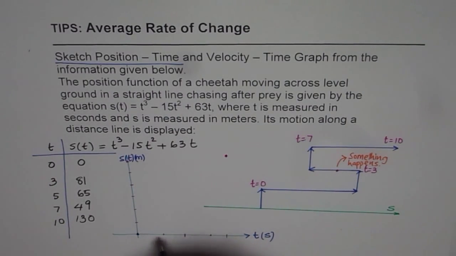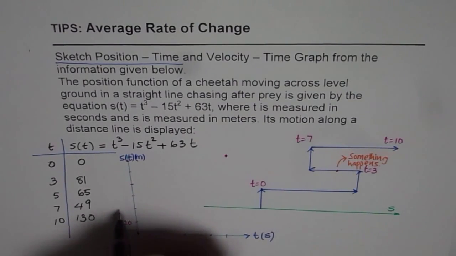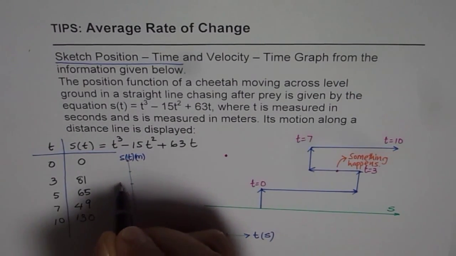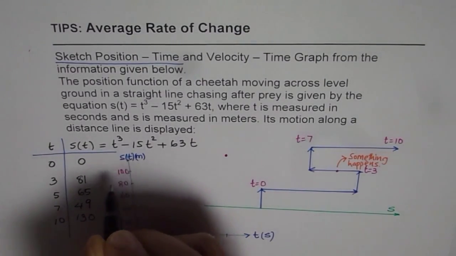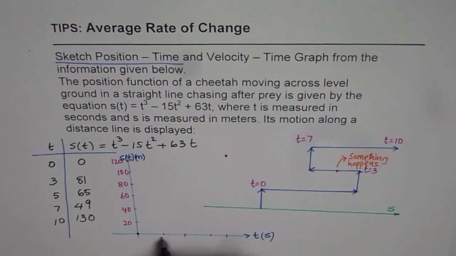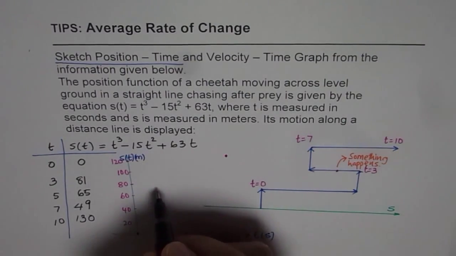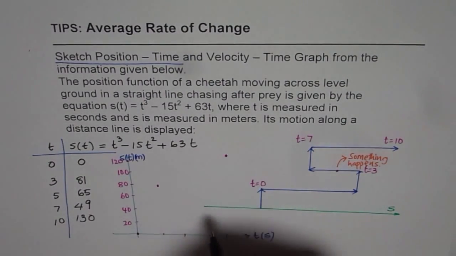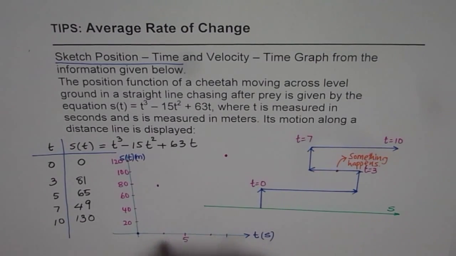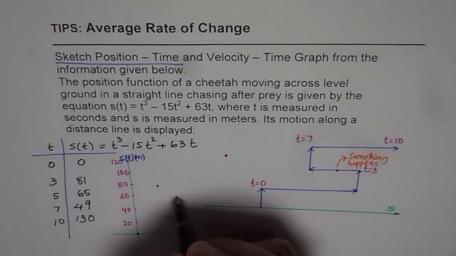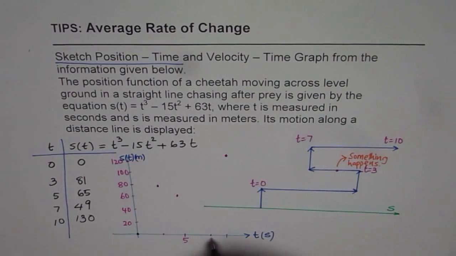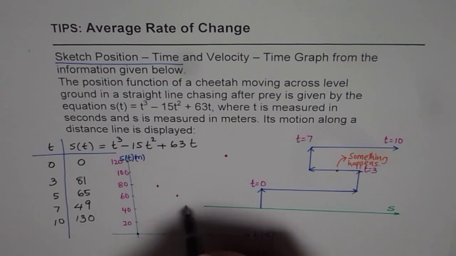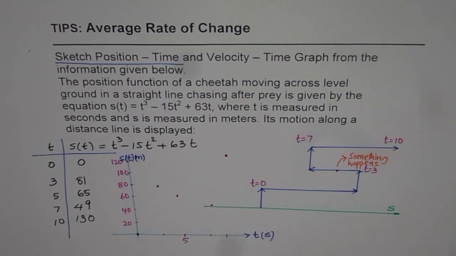At 3 it is 81, so approximately 80. At 5 it is 65, so 60 and then kind of 65. At 7, which is around here, it is 49. We can say 49 is somewhere there. So we have these points with us which can help us to sketch the graph.